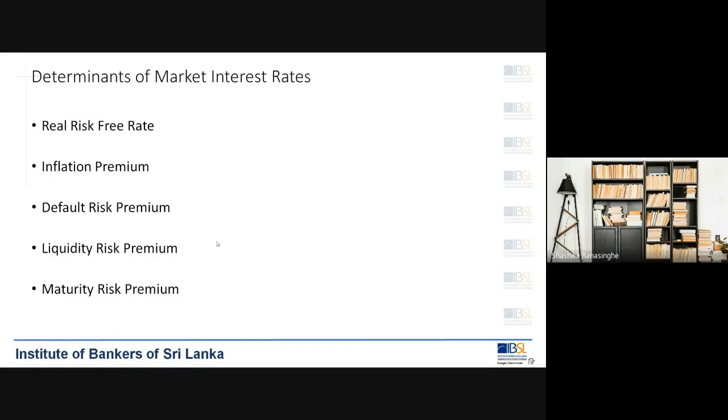Okay, well, to me, interest rate is the price of money. It's the price you pay for money.